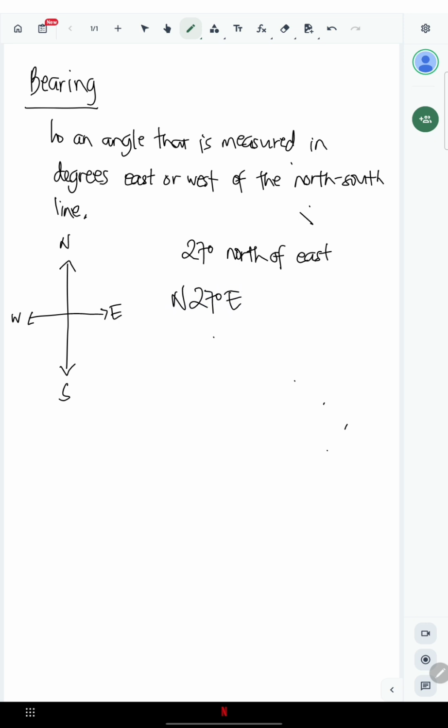So ganyan po siya sinusulat. So the 27 degrees north of east, of course, we're going to start with the north line going to the east, and let's just approximate that one, and that is given as the 27 degrees.